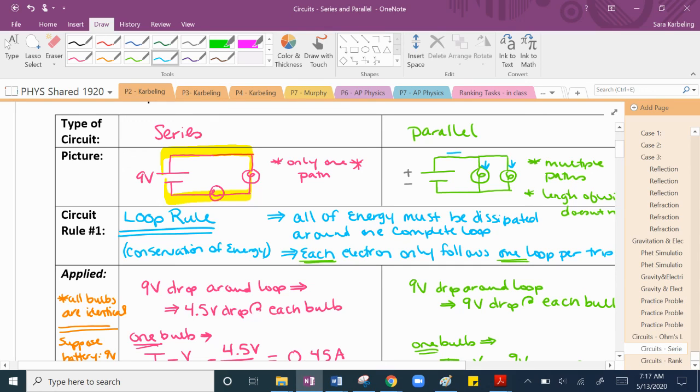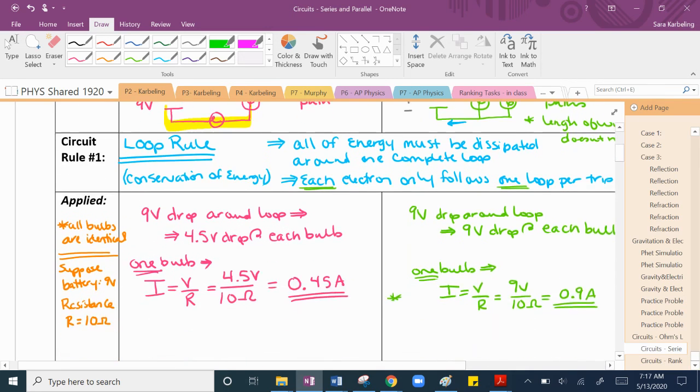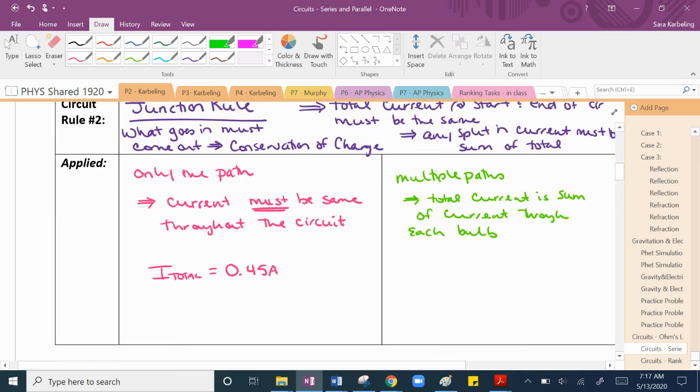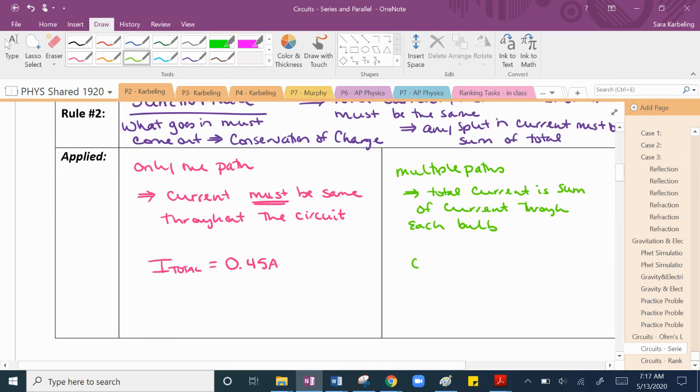Well, if we're going to add those together, again, what goes in must come out. That means that there must have been a total current, remember that's charge per time, of 0.9 going through one of the bulbs and 0.9 going through the other bulb, which gives you a total current of 1.8 amps.